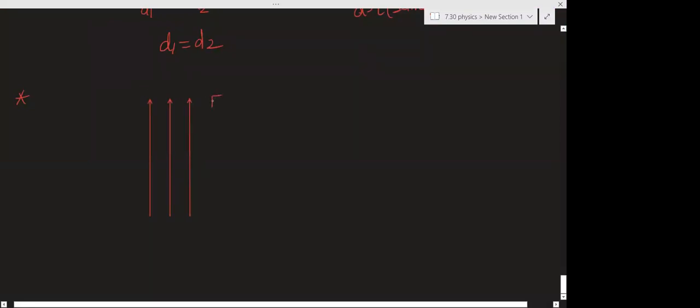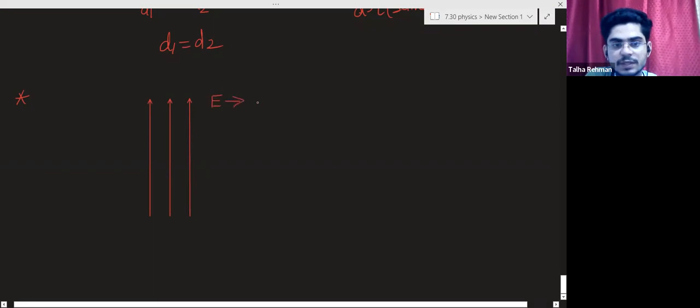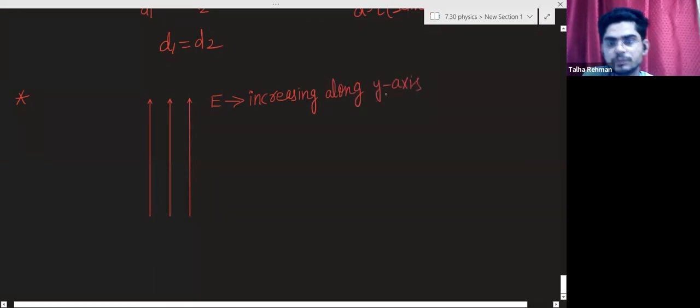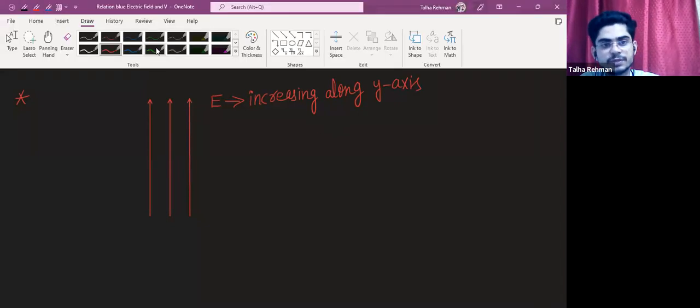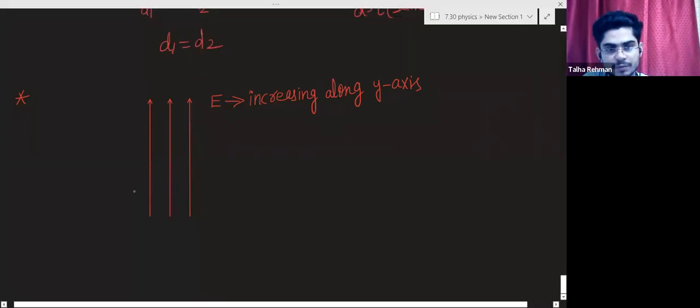This is electric field and this is increasing along the y-axis. So we know that the equipotential surfaces are perpendicular, like this.